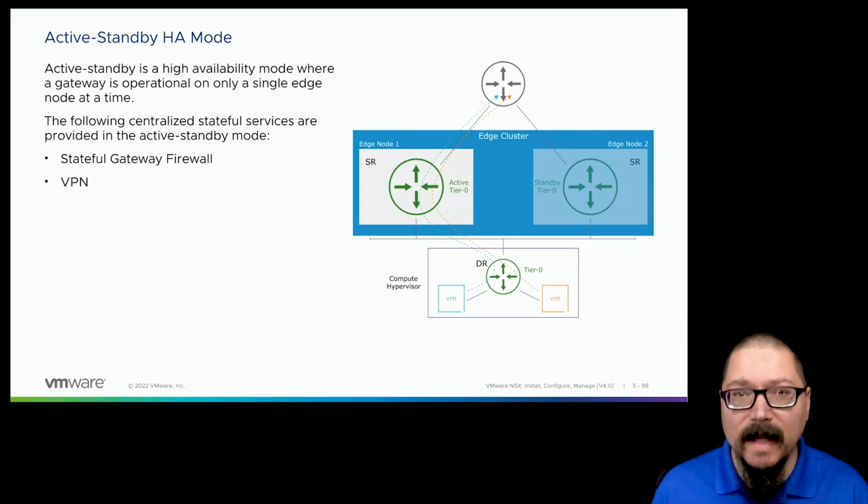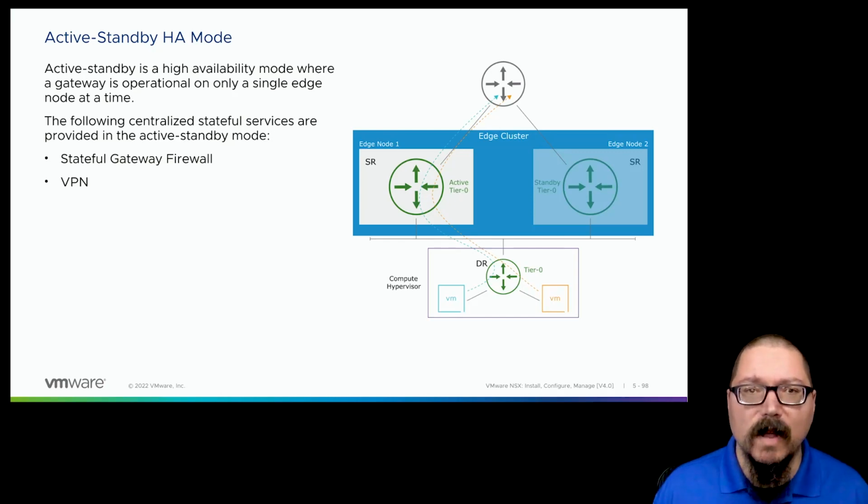Now, active standby. Here I've got 2 edge nodes in my edge cluster. I've got an active service router on one edge node and a standby service router on another edge node. And this simplifies the synchronization of state between my gateways, or between my service routers more precisely.